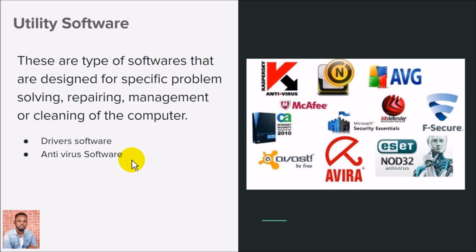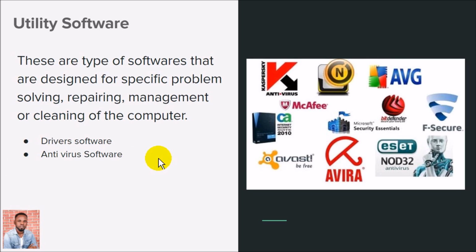There are also cases in your computer where there are some issues that you cannot fix with a spanner or a soldering device. You can only use software to fix the problem. In those cases, the kind of software you're going to be using is known as driver software. Antivirus can also be classified under utility software in the sense that it can be used to clean up the computer.